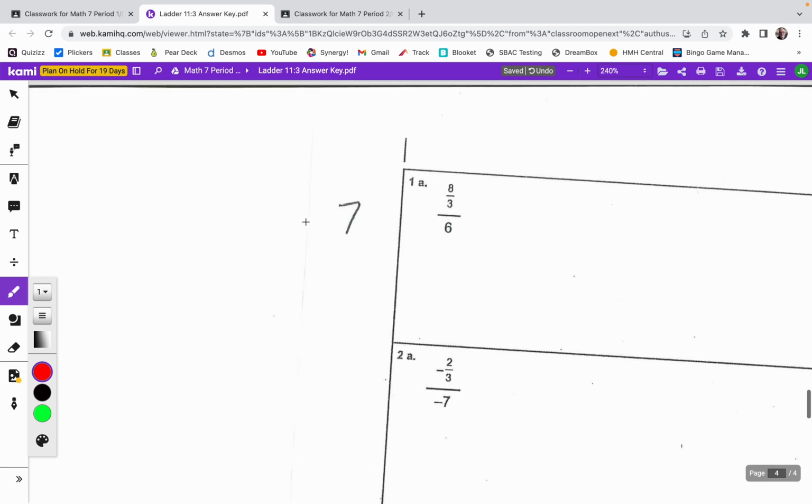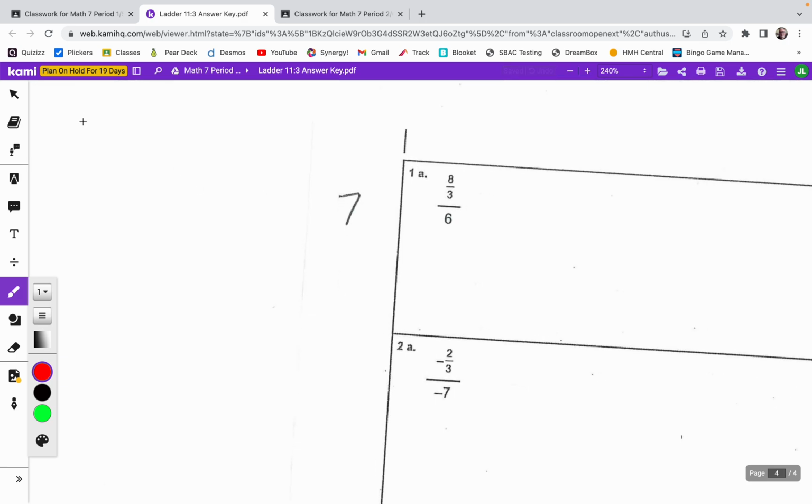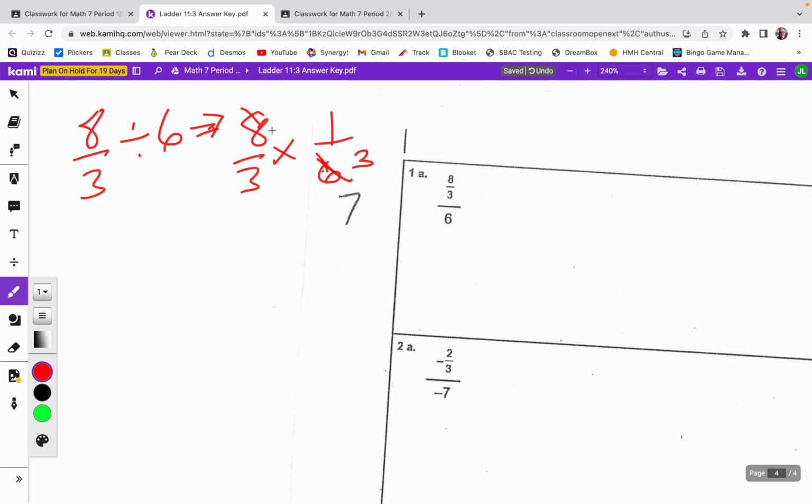And step 7. 8/3 divided by 6 is the same as 8/3 multiplied by the multiplicative inverse of 6 is 1/6. And we can pre-simplify. 2 goes into 6 3 times, 2 goes into 8 4 times. So this is equal to 4/9.